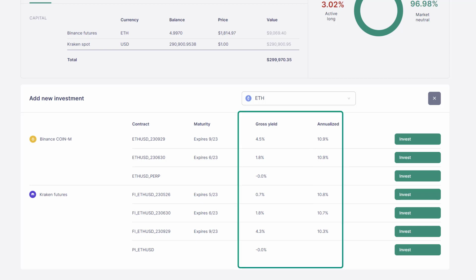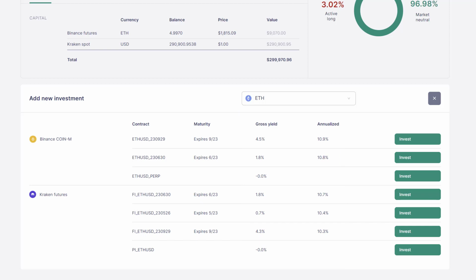Note that the spreads displayed here are based on the top of the book prices for spot coins and futures, which may be different from the actual prices at which you can enter your position. You will be able to see the actual price and the actual basis spread in the Trader tool when entering an arbitrage position.